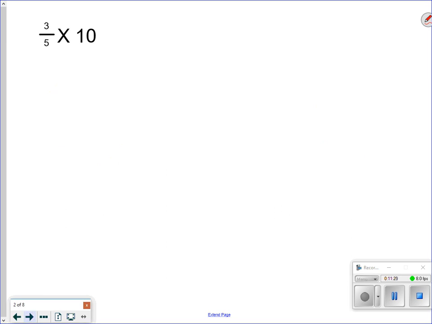3/5 of 10. So the first thing I'm going to do is I'm going to do my smush math. 3 times 10, all that means is I'm just putting them together in the top and the bottom. 5 times 1. So if you like standard algorithm, do that.